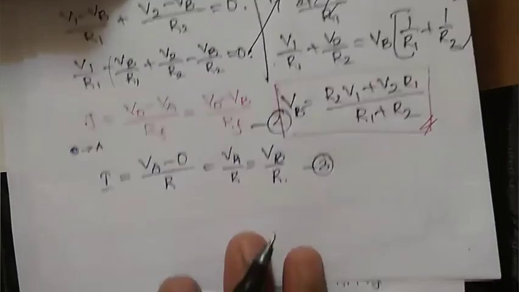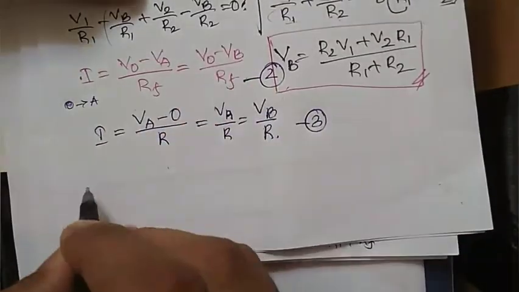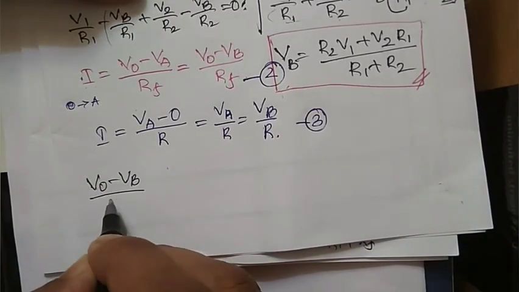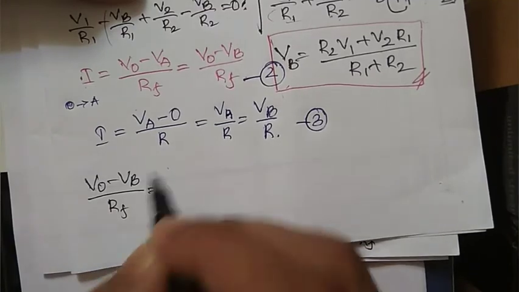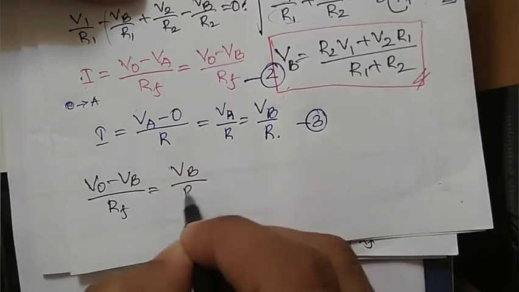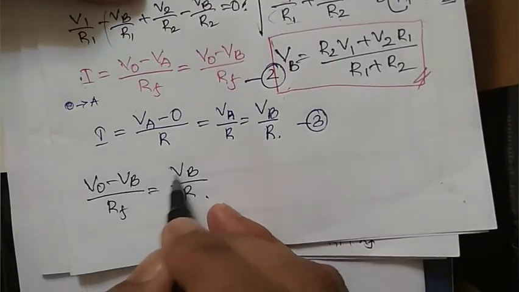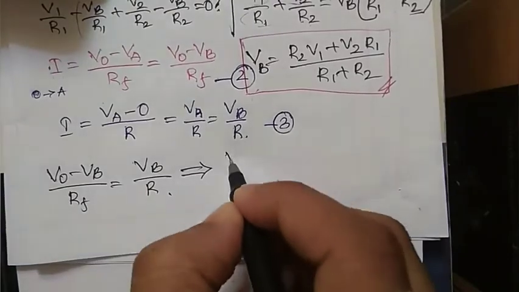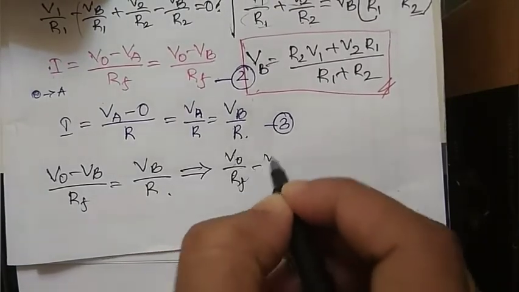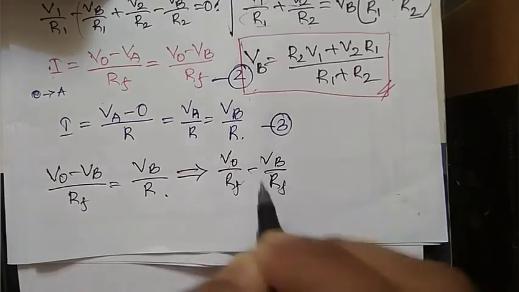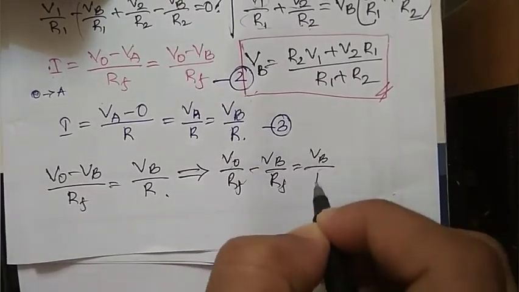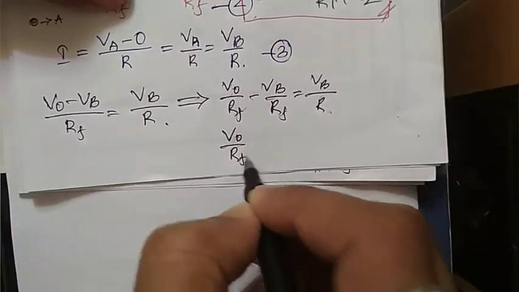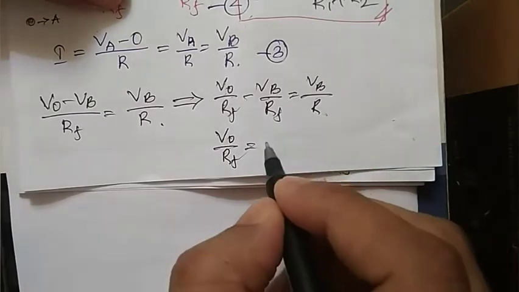So after equating that, we have V0 minus VB divided by RF equals VB by R. So VB we have two parameters. So let me describe that. V0 by RF minus VB by RF equals VB by R. So V0 divided by RF equals VB by RF on that side.